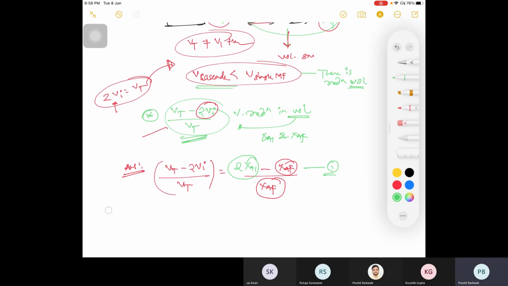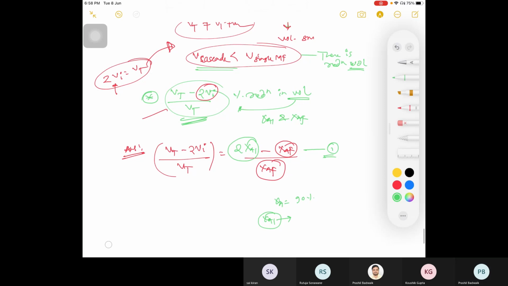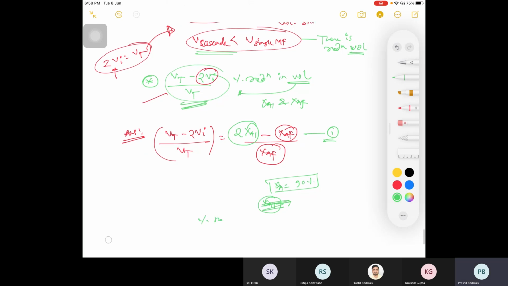You may have found this equation in the GATE exam, directly asked for XAF equal to, suppose it is 90%, so what will be your XA1? How to find XA1? See, XA1 is given, and you need to find the percentage reduction in volume if some value of XA1 is given.